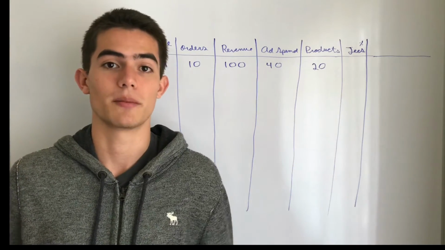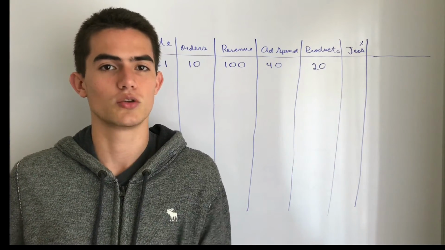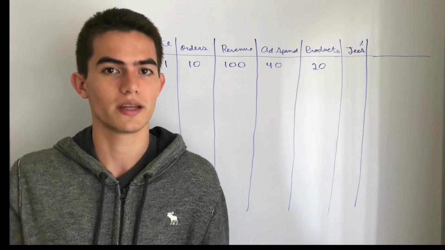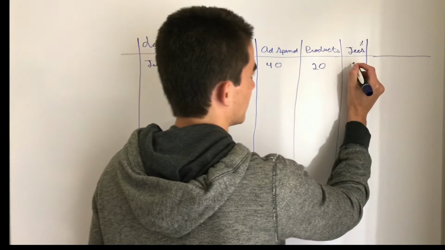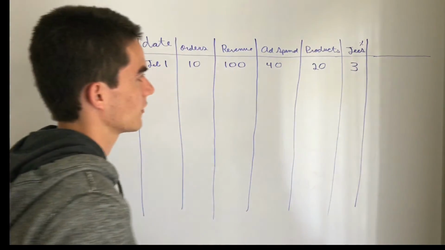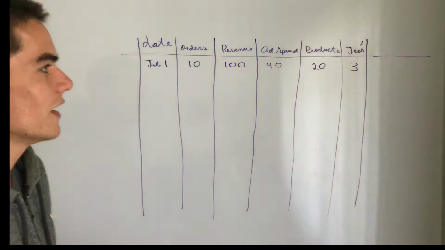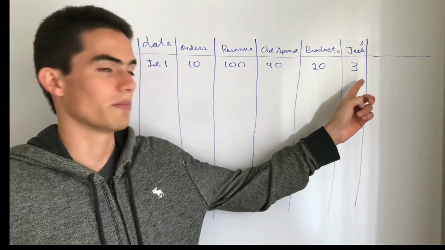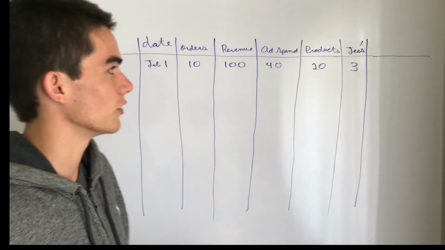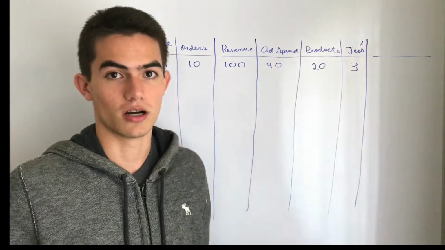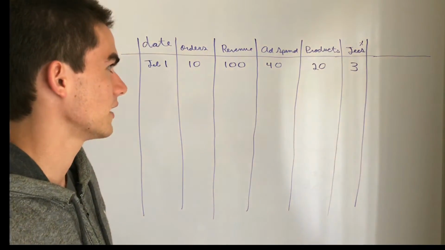Shopify Payments is actually like 2.9%, but let's round it to 3 so the math is easier for me. Each transaction is gonna charge you 3%, so if you had $100 in revenue, 3% of that will be $3. That's the part of the fees.